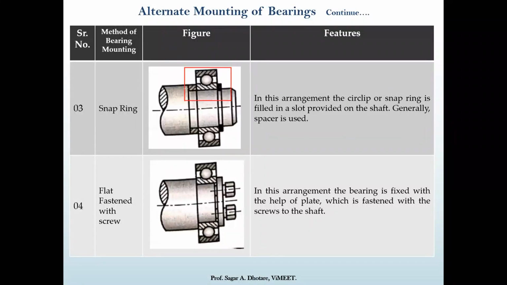Now look here. In this position the spacer is provided, and at this position the circlip or the snap ring is generally used. Fourth one, the flat plate fastened with screws when the bearing is at the end condition.